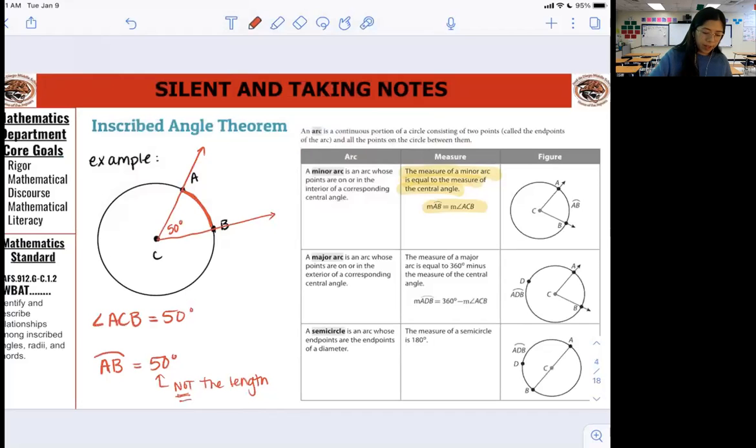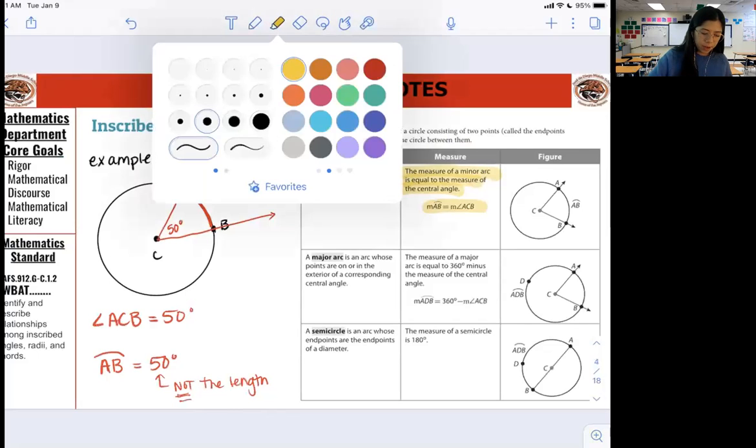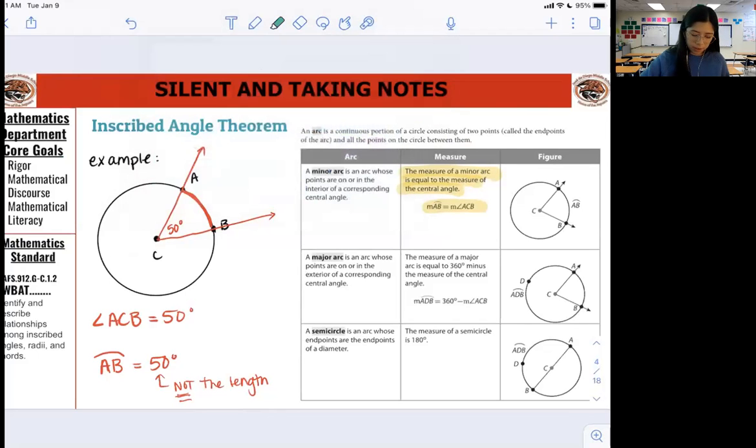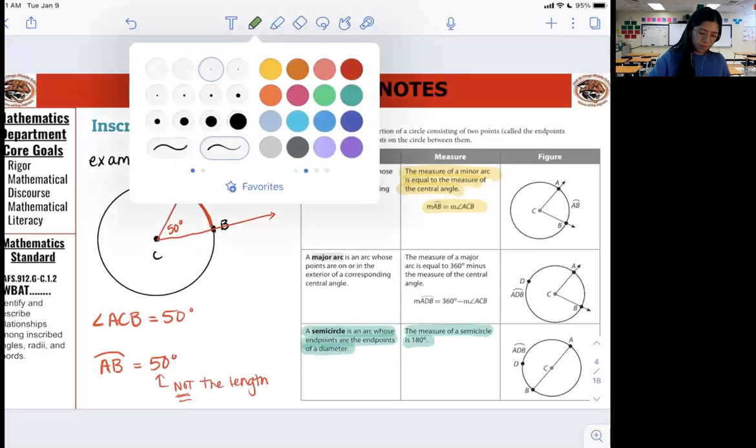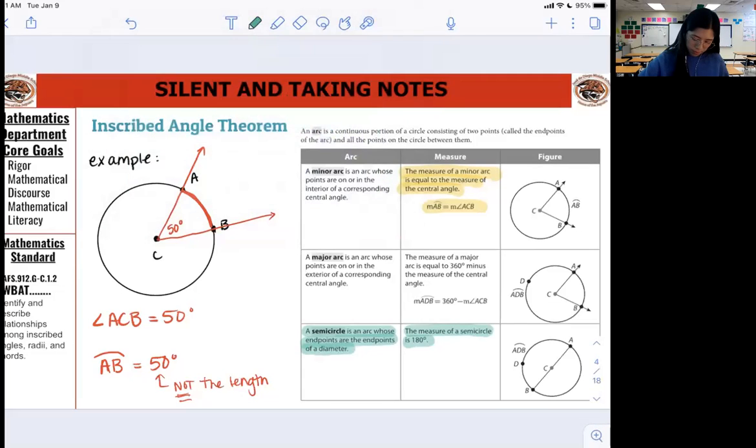Okay. One last one, but this is easy because it's pretty obvious. A semicircle is half of a circle. So the measure of a semicircle is 180 degrees. And that's the last thing I want everybody to write down. Semicircle is 180 degrees.